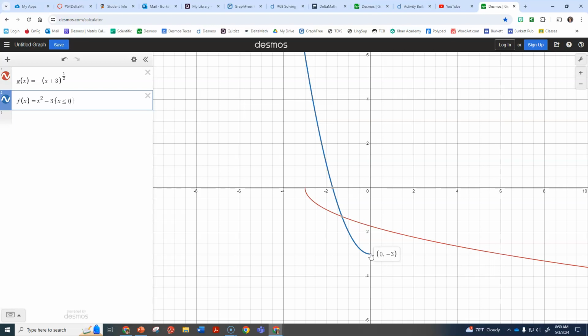So switch the x and y, and that's going to become -3, 0. And you go over here to this one, and there's the point -3, 0. You can also check this point. It's -1.732, 0. Switch the x and y, that becomes 0, -1.732. So you can see that those are inverses of each other.